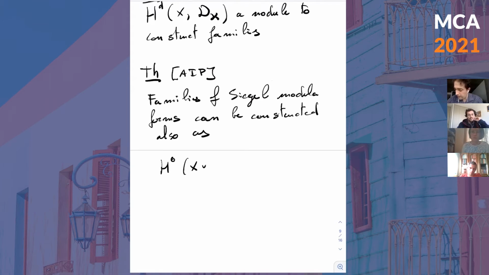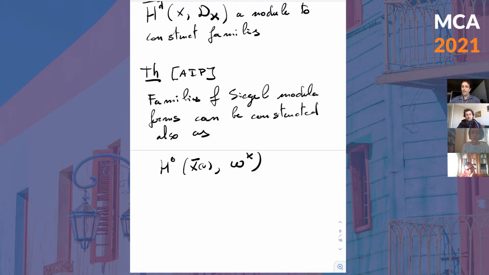H0, again, I need to take a small locus here. I can only consider points in X that are close to the ordinary locus of some big sheaf omega kappa. It is, again, for cuspidal forms, if you want to construct families like eigenvarieties.